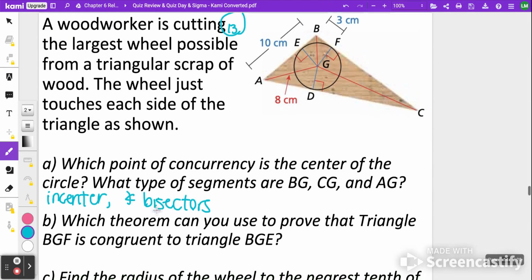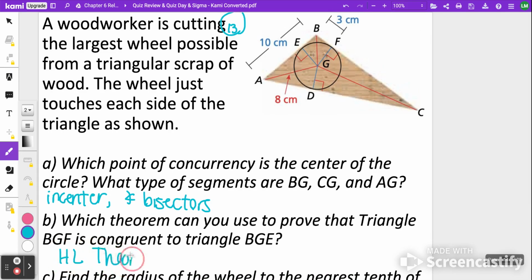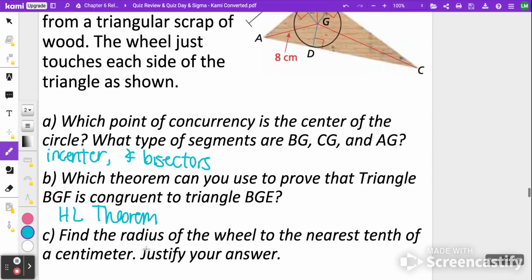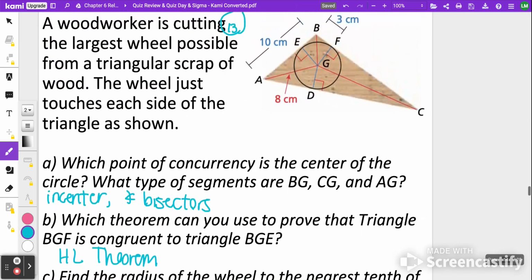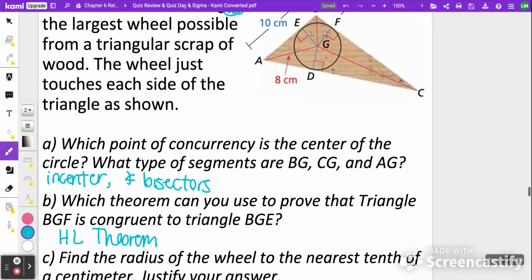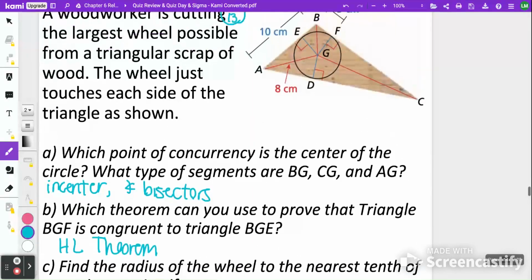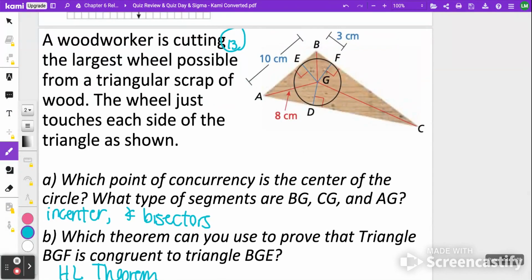That one we can use the hypotenuse leg theorem. And then C says find the radius of the wheel to the nearest tenth of a centimeter. Justify your answer. For this one, what I might do is think about it as a right triangle within there.